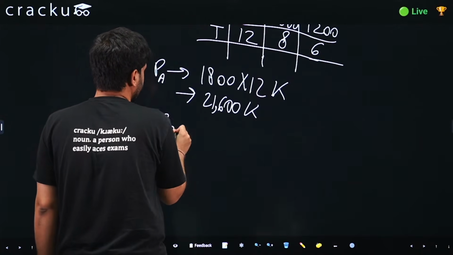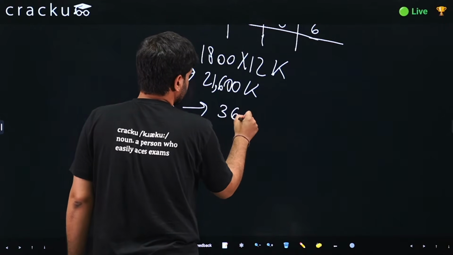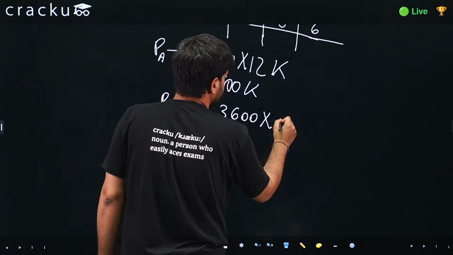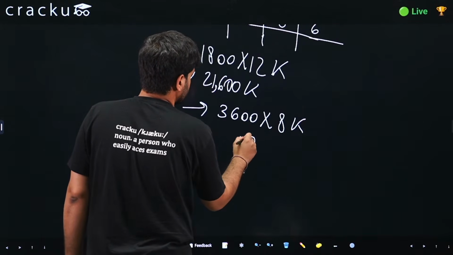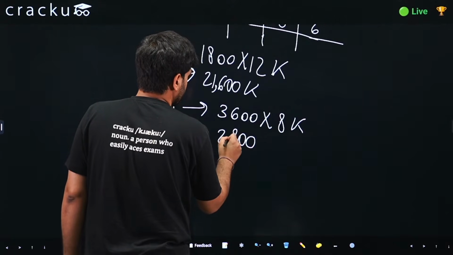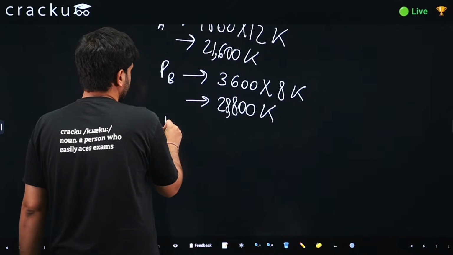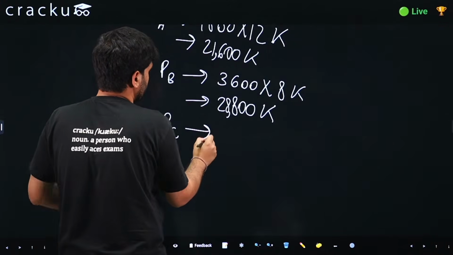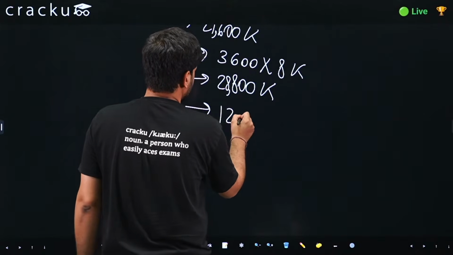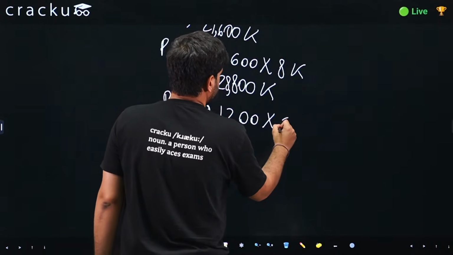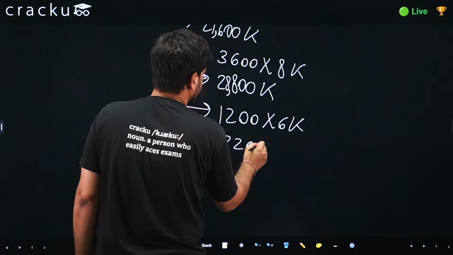Similarly, for B, it would be 3,600 into 8K, which would be 28,800K. If you calculate it for C, it would be 1200 into 6K. This would come out as 7,200K.